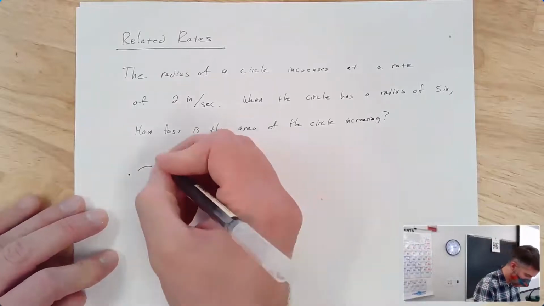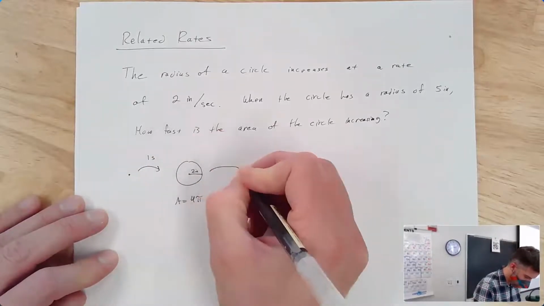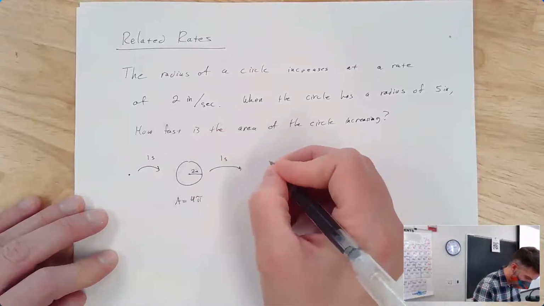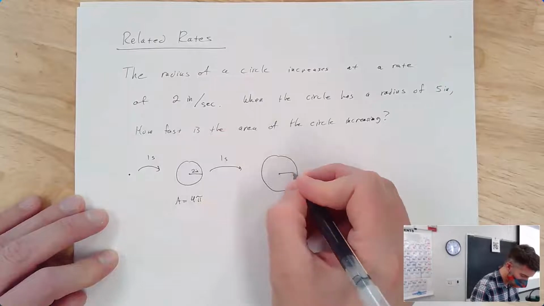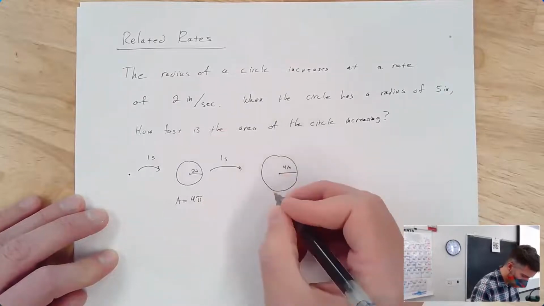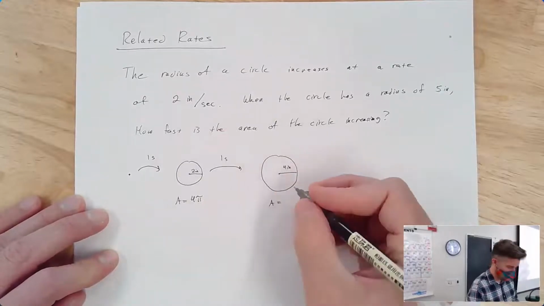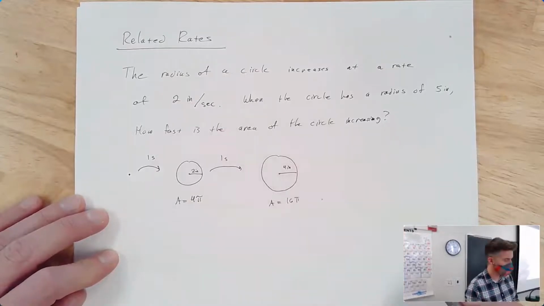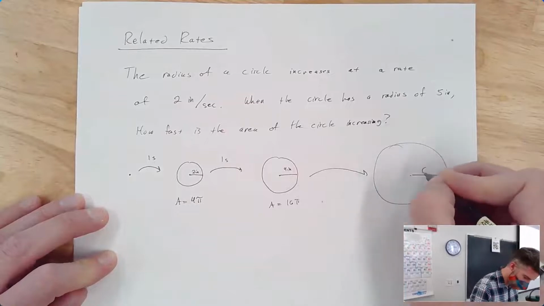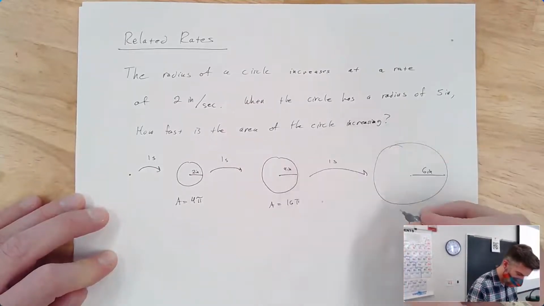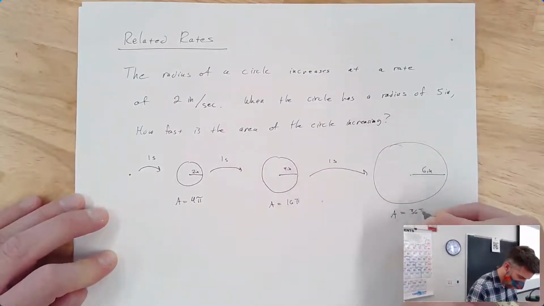Okay, but then after another second, what's my radius going to be now? 4 inches. And the area is going to be pi times 4 squared, which is 16 pi. And then after another second, the radius is going to be 6 inches, and the area is going to be 36 pi.